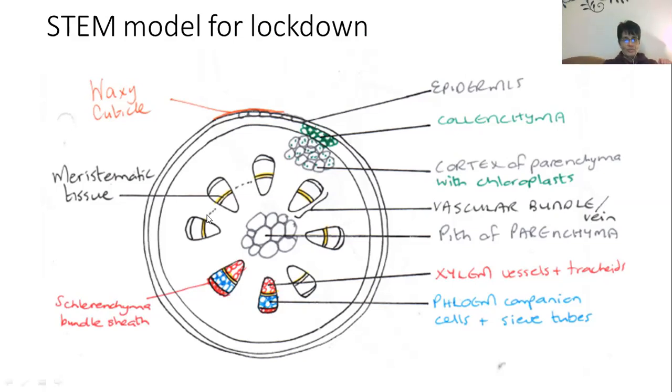And I've actually started drawing in little dots there, because what actually happens is that the meristematic tissue of each vein gets joined to the next vein by parenchyma cells in between here becoming meristematic. So you end up with a ring of meristematic tissue, just like the pericycle in the root. But this time, it's not going to make branch roots to anchor the plant.